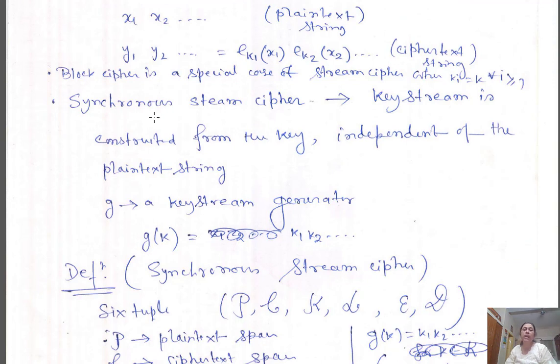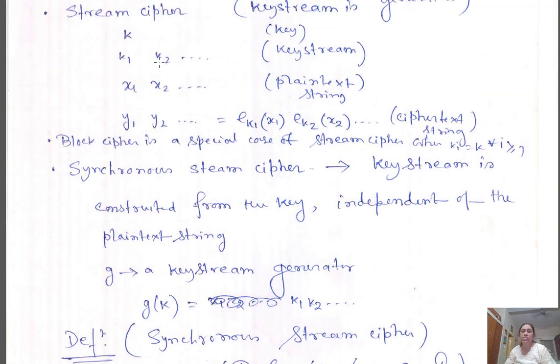Now synchronous stream cipher, formally we are not going to define synchronous stream cipher. So already we have mentioned in synchronous stream cipher, the key stream is generated only from the key.